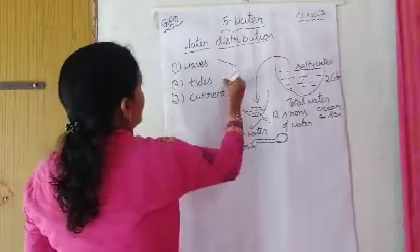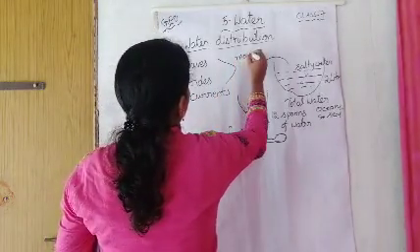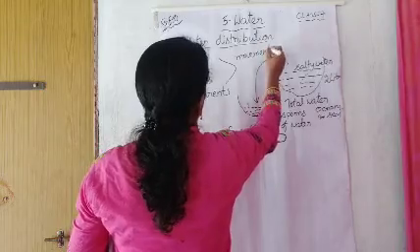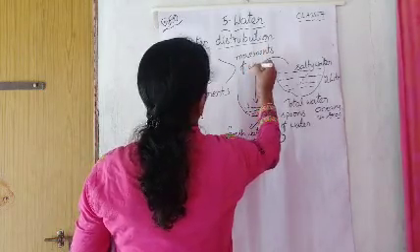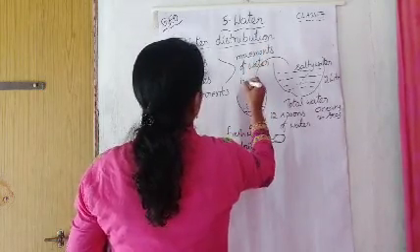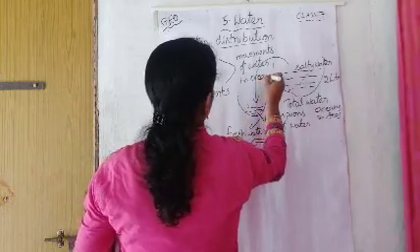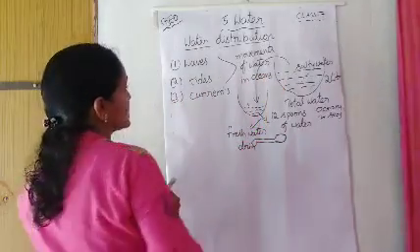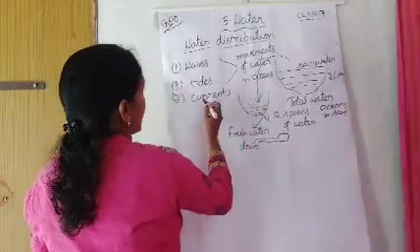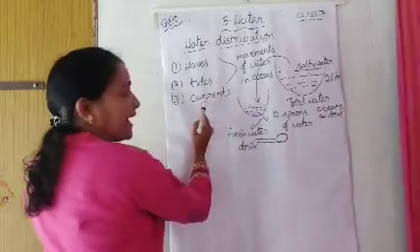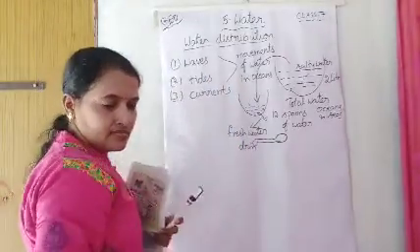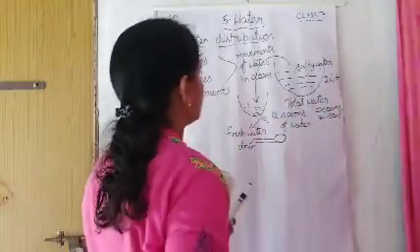The movements of water in oceans are broadly categorized into three types: waves, tides, and currents. Okay, now let's see each of them.